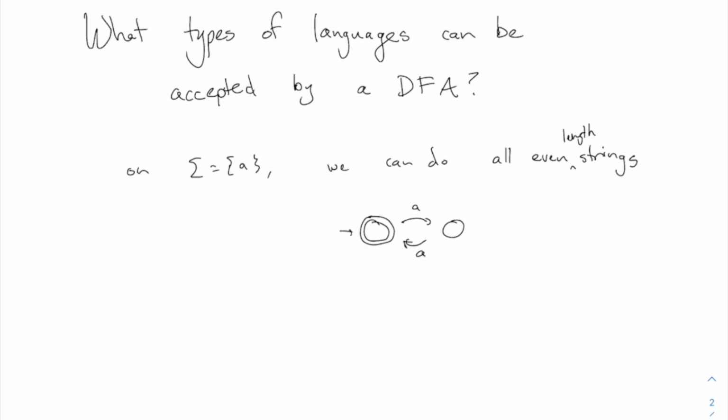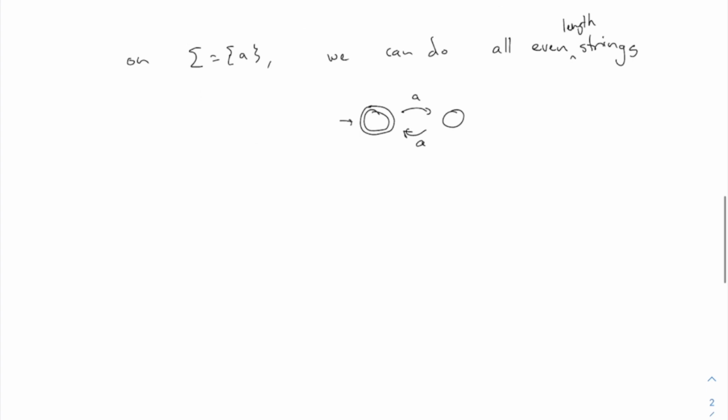What about simple variations on that? How about lengths, still just using the letter A, which are divisible by 3? Even means divisible by 2, right? Actually, there's a not so difficult way to modify this example to make it so that it only accepts when the length is divisible by 3 rather than 2.